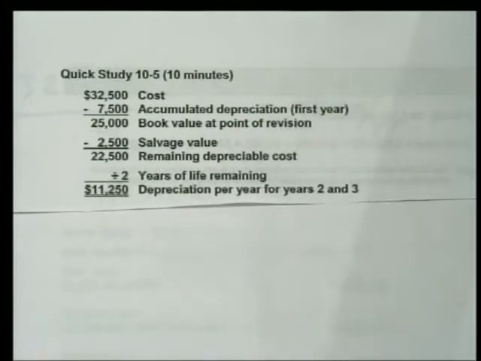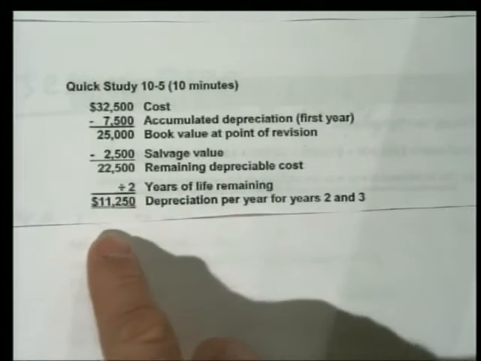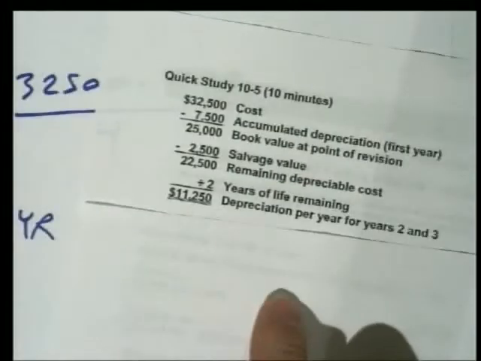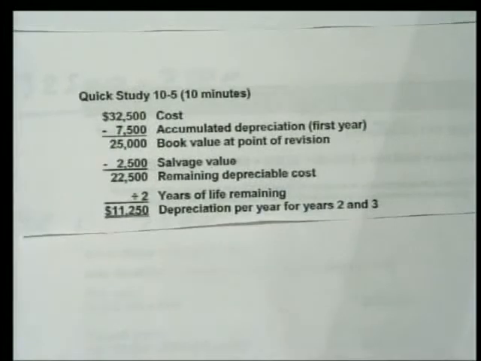Take a look back at that original equation in the PowerPoint slides, where we talked about revising depreciation. You might see it in a slightly different format. Not different numbers, but it will probably be book value at date of change minus estimated salvage value divided by number of years remaining. Okay? All right, so let's go to Quick Study 10.7.